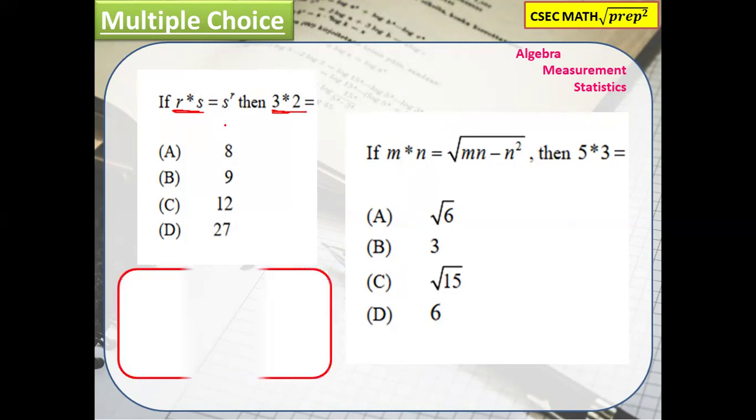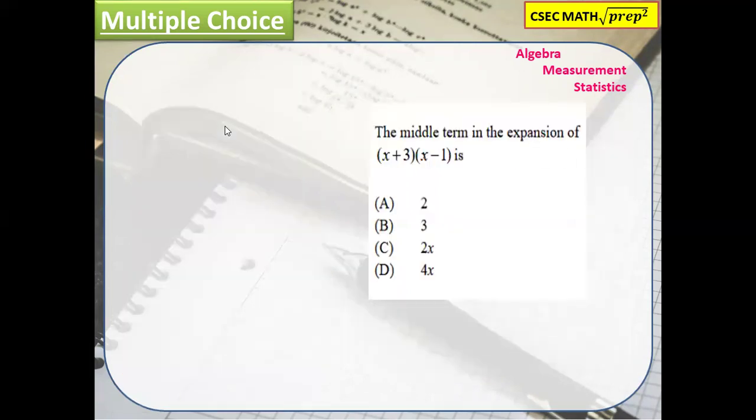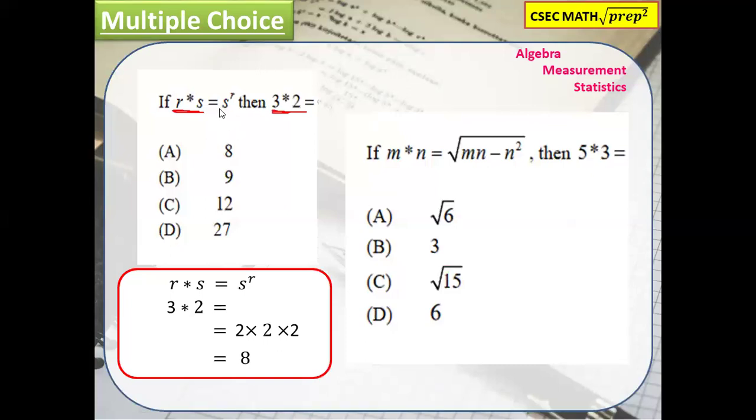So we're having 2 raised to the third power, which is 2 times 2 times 2, and that would give us 8. I should have had the written thing right here. The S value is 2 and the R value is 3, and it's 2 times 2 times 2, giving us 8 for our answer there.